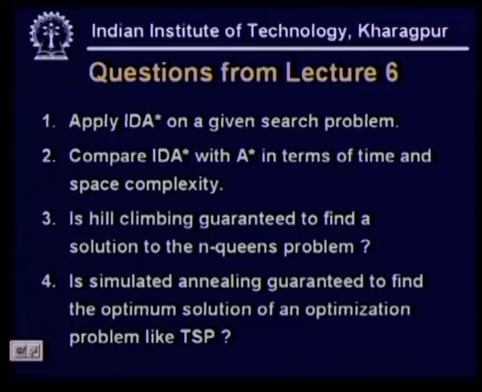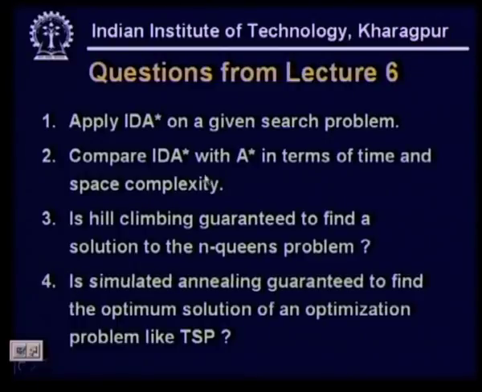In question number 1 of lecture 5, we specified the search space by this table. For the same search space, you have to apply IDS star, and for IDS star you will also require the value of the heuristic function. Assume some values of H n and apply IDS star on this state space.